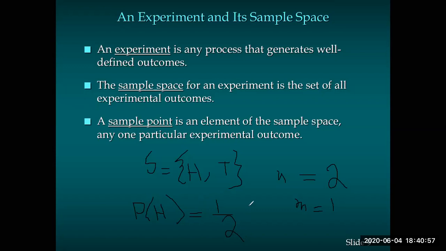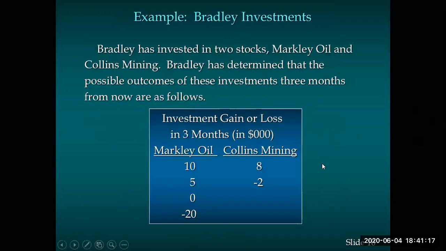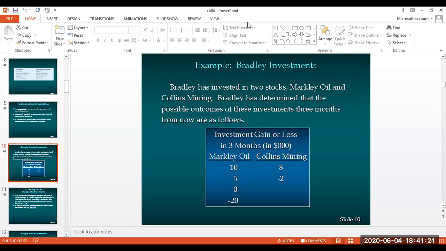Now, let me take you to some more examples and some more experiments in the classical definition of probability. I have a few simulators downloaded already, so let me share that with you.